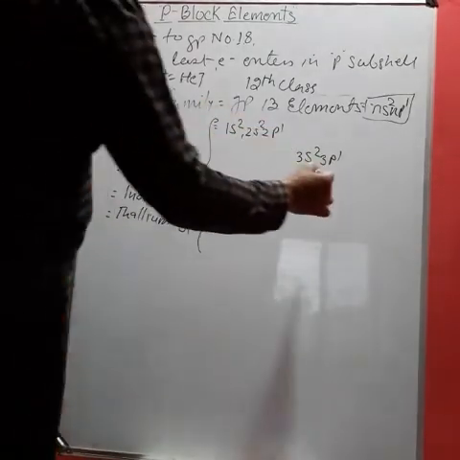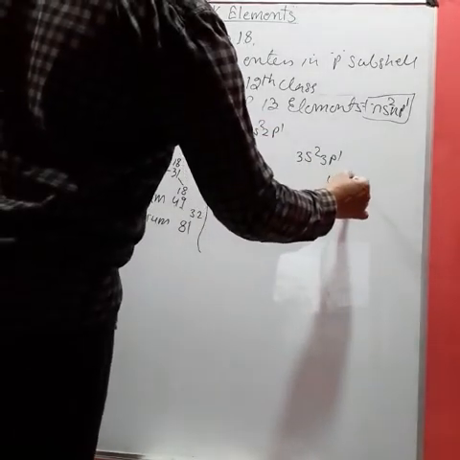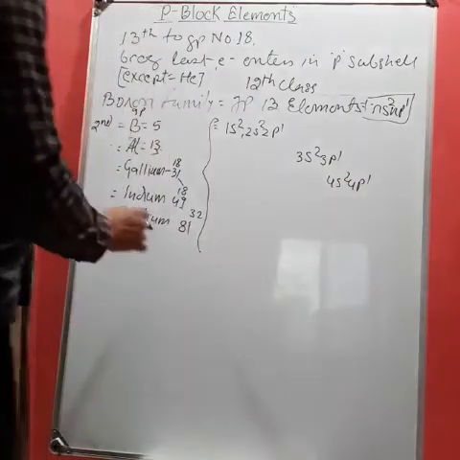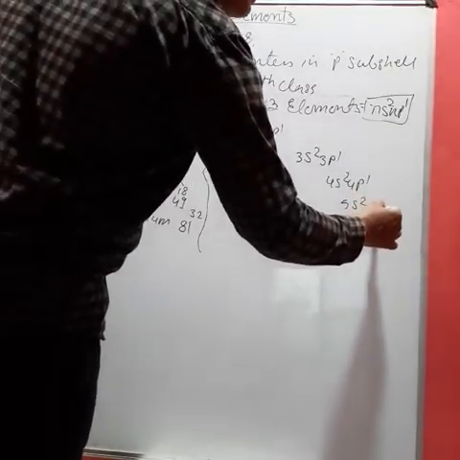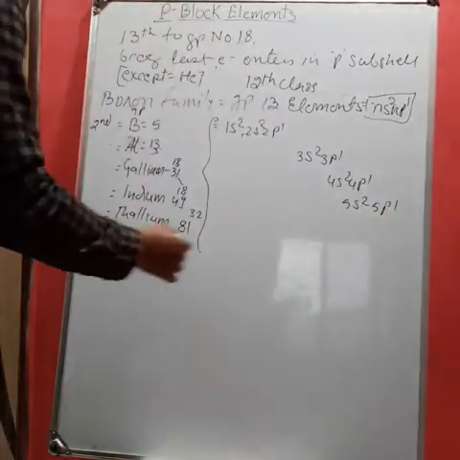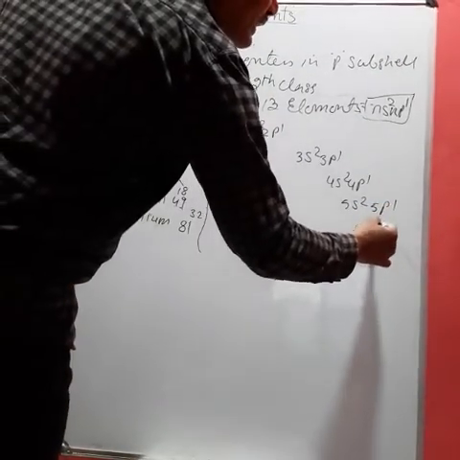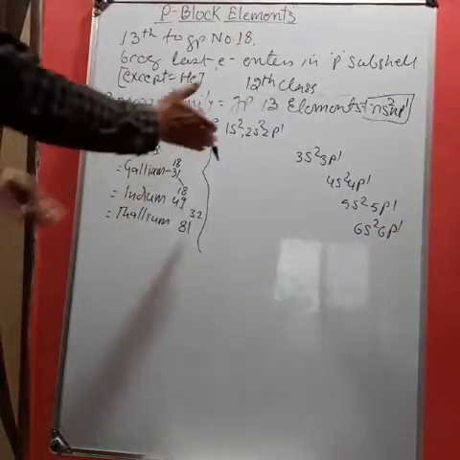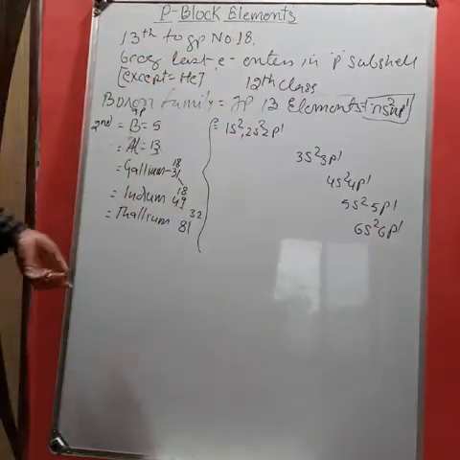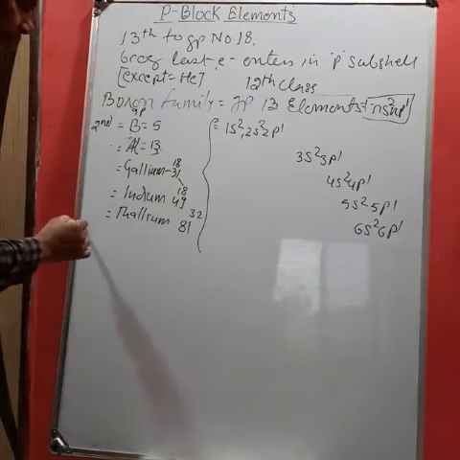Fourth period, therefore its configuration will become 4s2, 4p1. Then indium will be 5s2, 5p1. And the last element will become 6s2, 6p1. The rest of the configuration I think you can write. It is very easy.